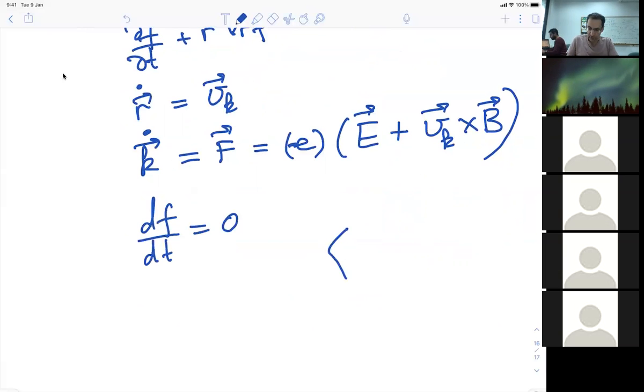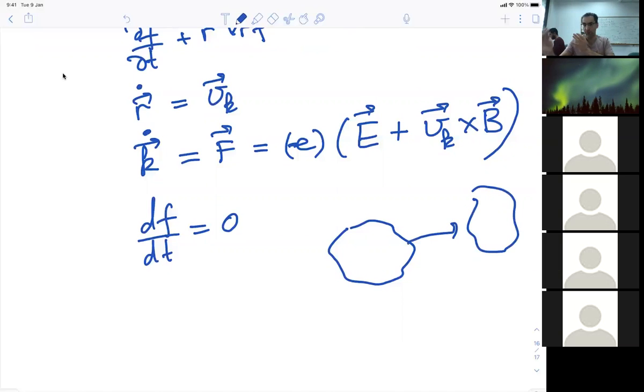So I can look at a small volume in the phase space, and as time proceeds, this volume is getting distorted, but the particles do not disappear from this closed unit element.